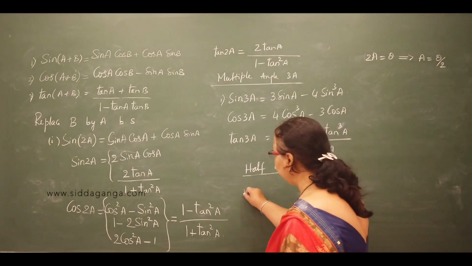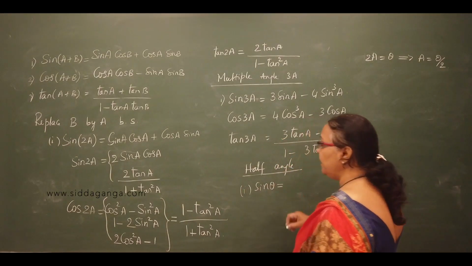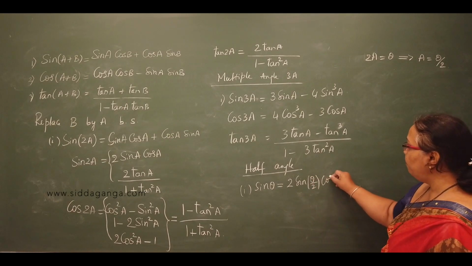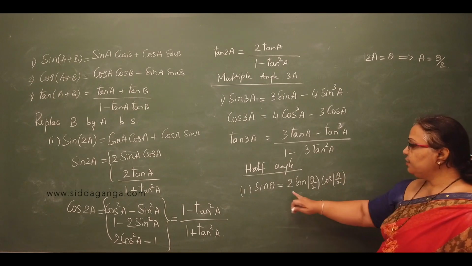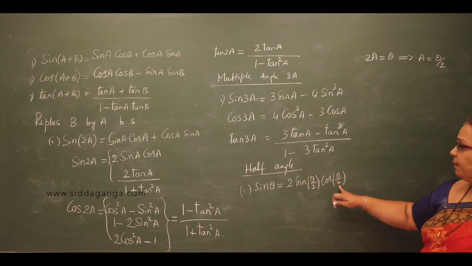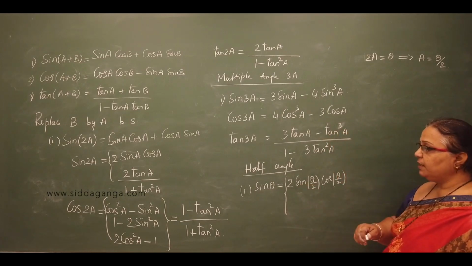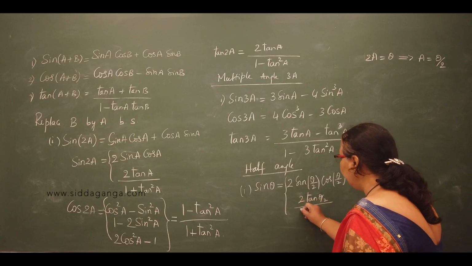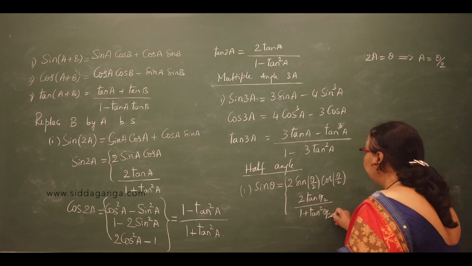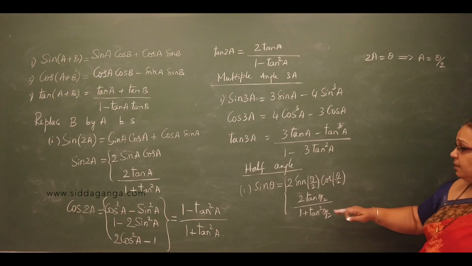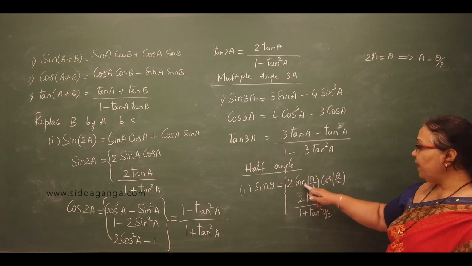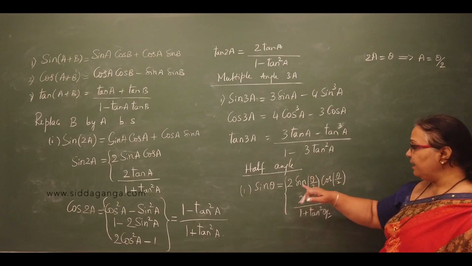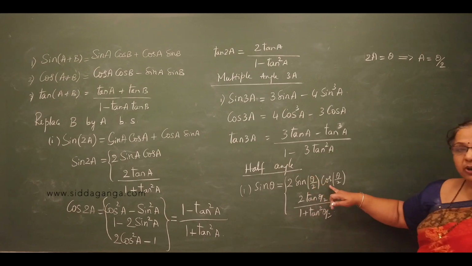The first result is sin theta, which is equal to 2 times sine, instead of A we use theta by 2, that is 2 times sin theta by 2 into cos theta by 2.